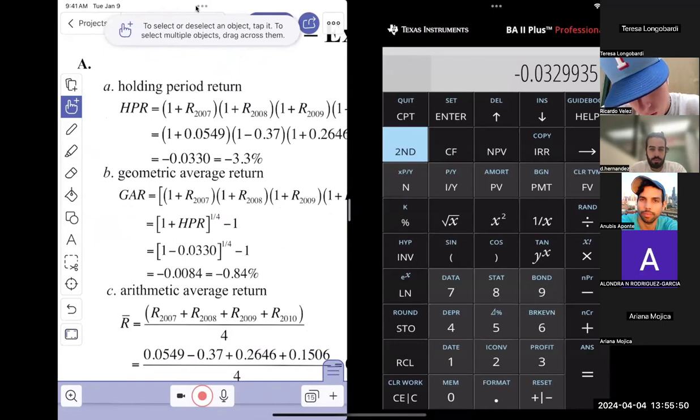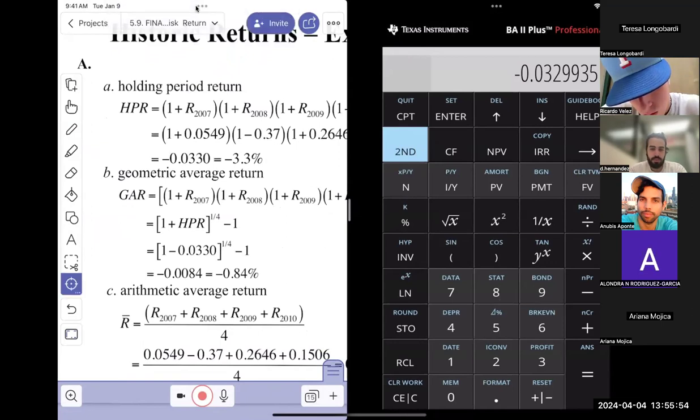Alejandra, very good, says the market didn't recover, right? Because for every dollar invested, investors over that period who left that dollar there lost 3.3 cents.